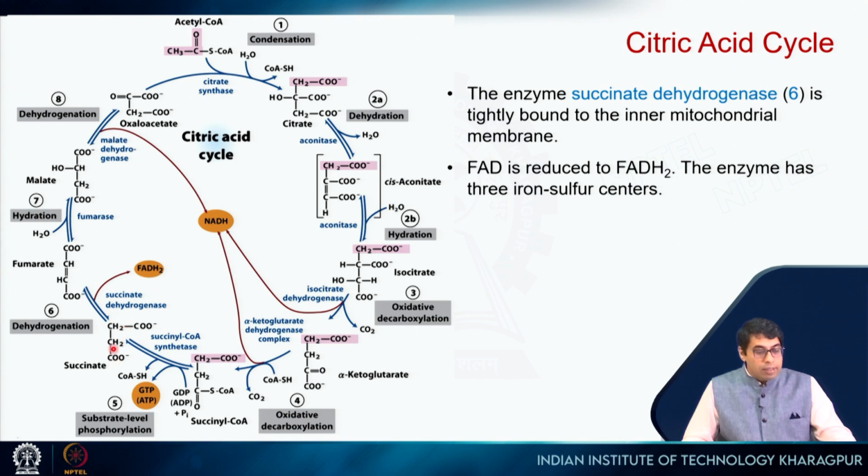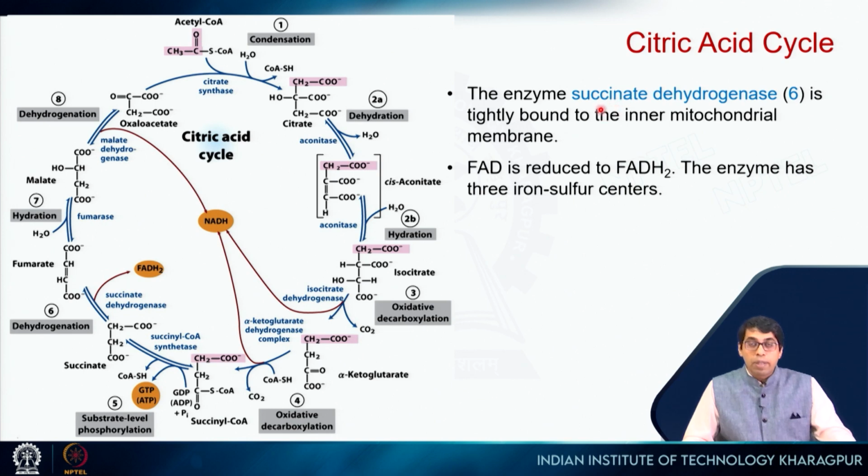Succinate is then converted to fumarate by the enzyme succinate dehydrogenase. So, succinic acid is converted to fumarate by the enzyme succinate dehydrogenase. Now, succinate dehydrogenase is an enzyme which is tightly bound to the inner mitochondrial membrane. We are going to see this enzyme again when I talk about oxidative phosphorylation, right.